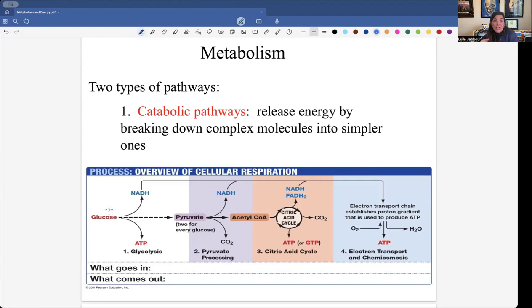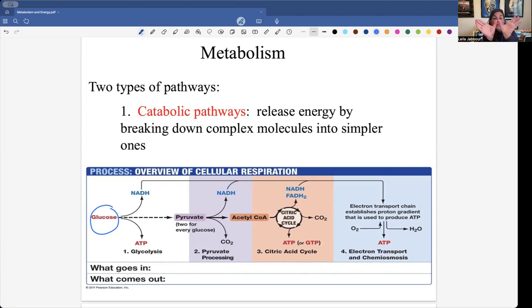So we're going to see in an upcoming chapter, not here, the process of cellular respiration. And that's exactly what happens during cellular respiration, where you start with glucose, a 6-carbon molecule. And this 6-carbon molecule is going to turn into a 3-carbon molecule, a shorter molecule.